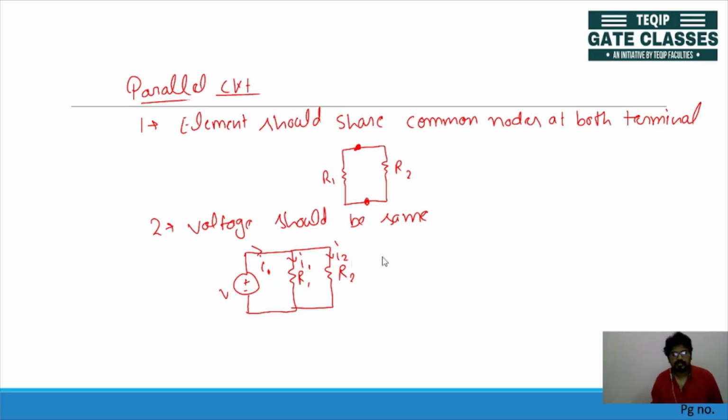Okay, so applying KCL on the node, you can write: incoming current is I, outgoing current is equal to I1 plus I2. So I is equal to I1, which is V by R1, plus I2, which is V by R2. So I is equal to V times (1 upon R1 plus 1 upon R2).